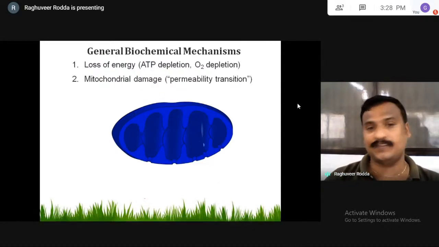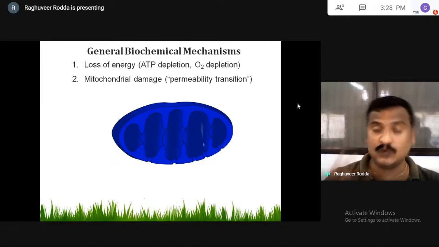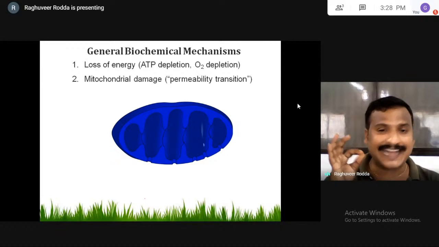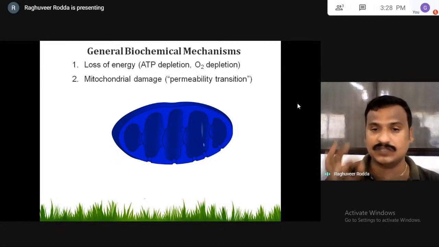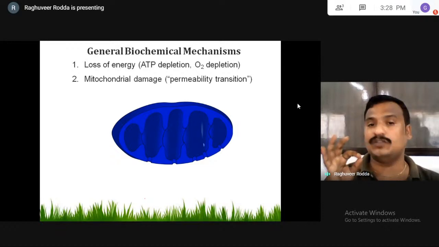The next important mechanism by which cell injury continues, and produces intracellular and physiological variations, is mitochondrial damage.